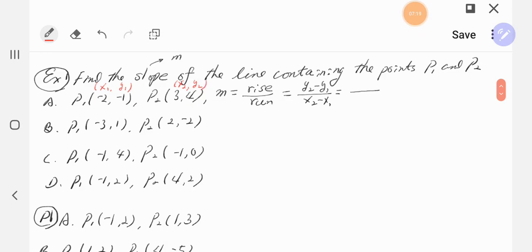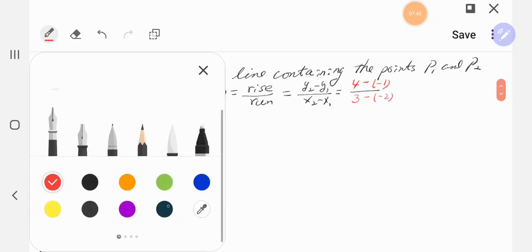So we will use these coordinates. y2 minus y1 is 4, the y coordinate of the second point, minus y1. y1 is negative 1, so put parentheses. x2 minus x1. x2 is the x coordinate of the second point minus the x coordinate of the first point, which is negative 2. Put parentheses.